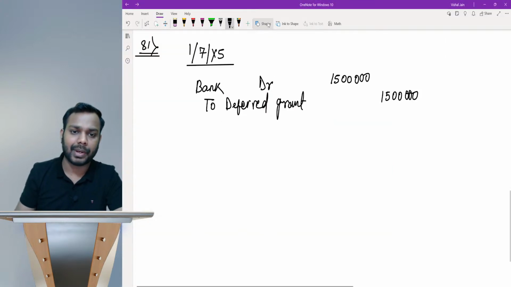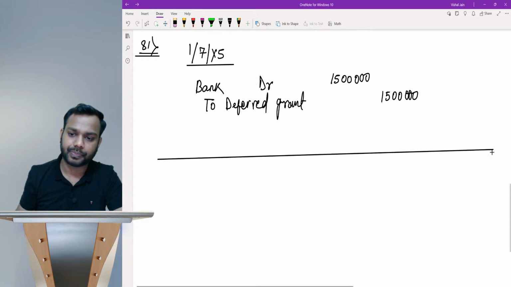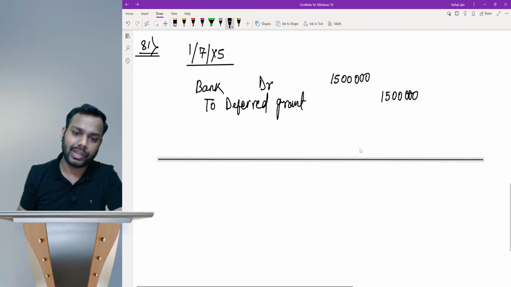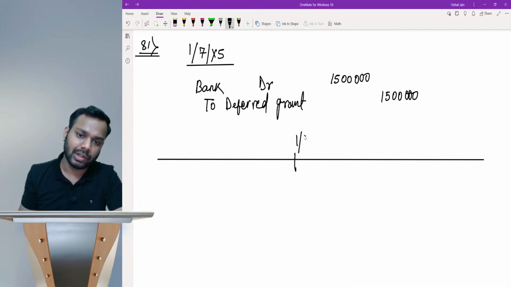Now see here what is happening. You have received the grant as on this date, 1st July x5. You are required to pass an entry on 31st December x5.